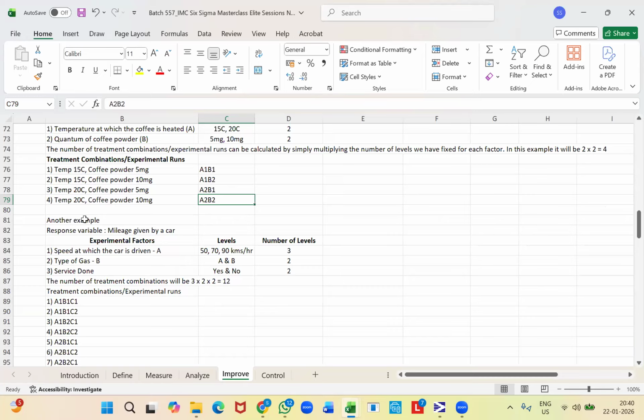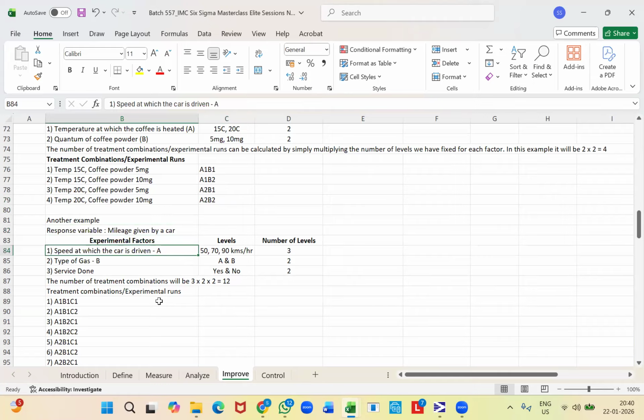The next example provides a scenario like this, wherein the response variable is the mileage given by a car. What are all the experimental factors that might have an influence on this response variable? The speed at which the car is driven will definitely be one of the key experimental factors.